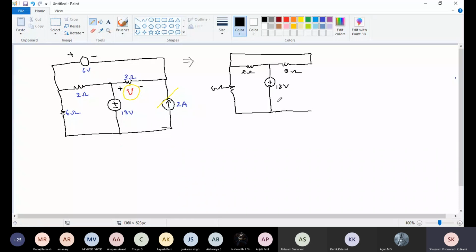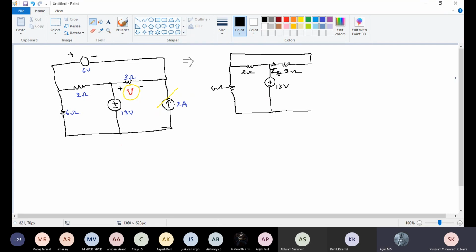So we have 2 ohm, 3 ohm, 6 ohm, 18 volt. Here this current I, take it as I dash. Previous case also we took I, so I can take it as I3.